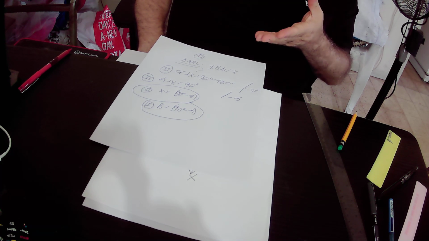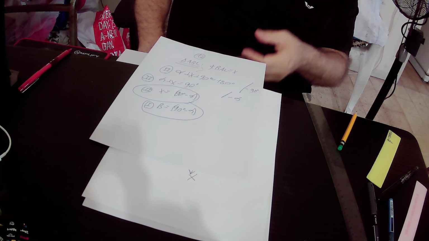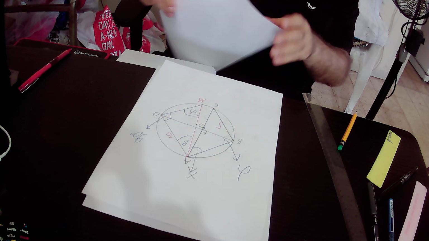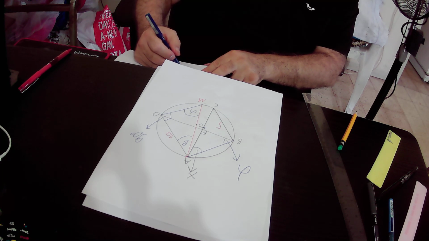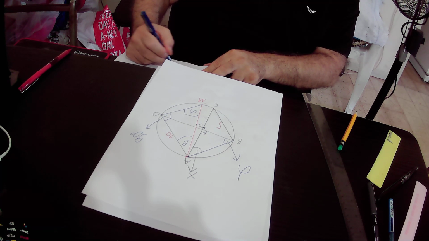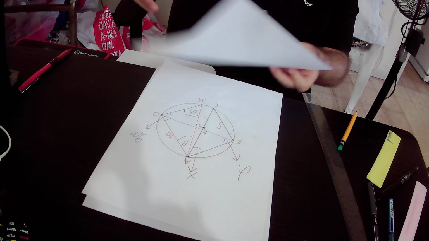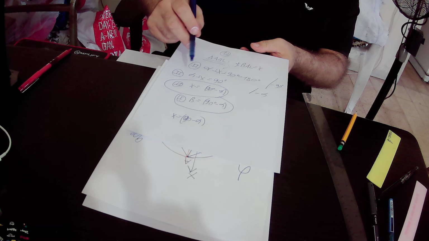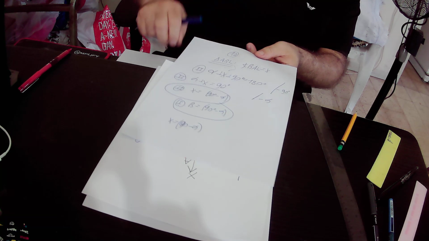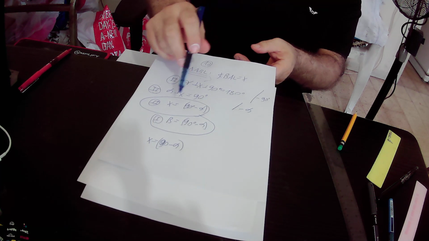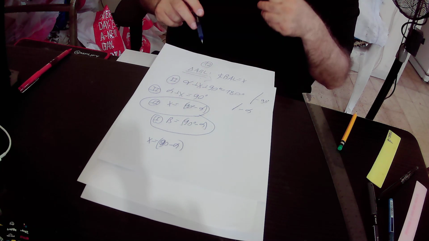So we can combine these two equations together. According to the second equation, x equals 90 degrees minus alpha.